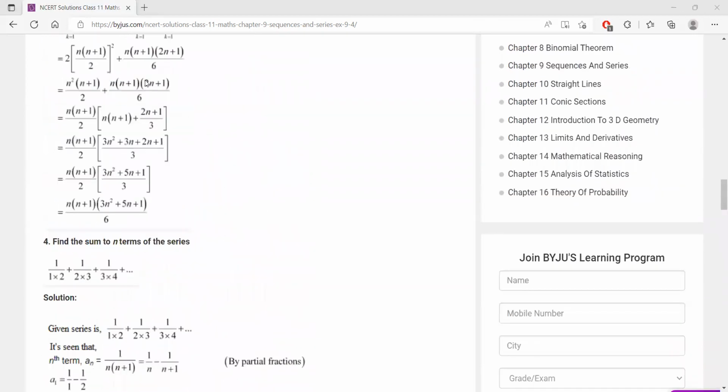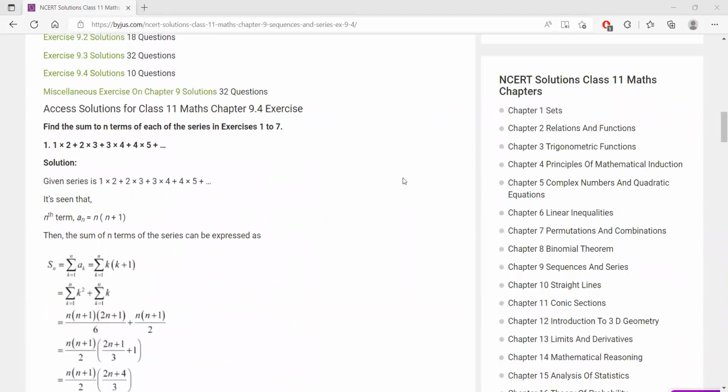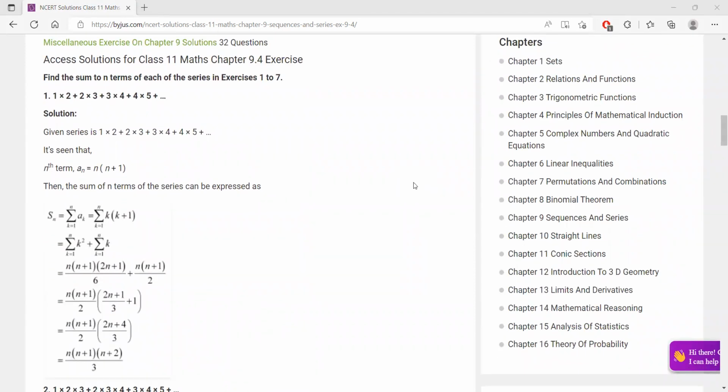So the very first step is observing the series and analyzing it. So just come to a general format, which is n into n plus 1. The question is to find the sum of n terms.